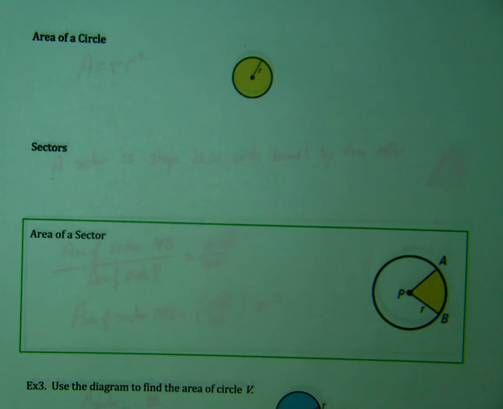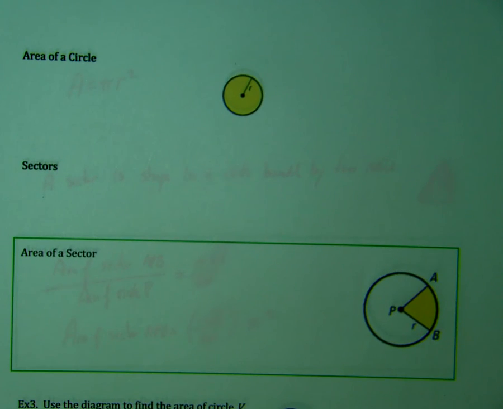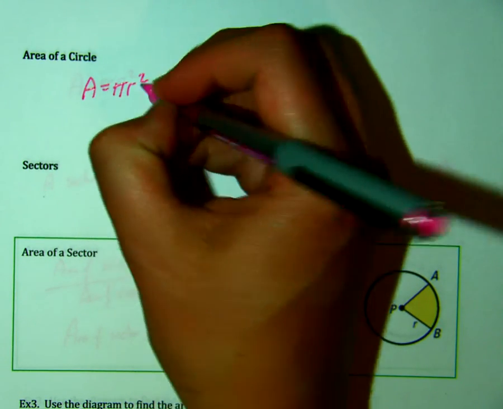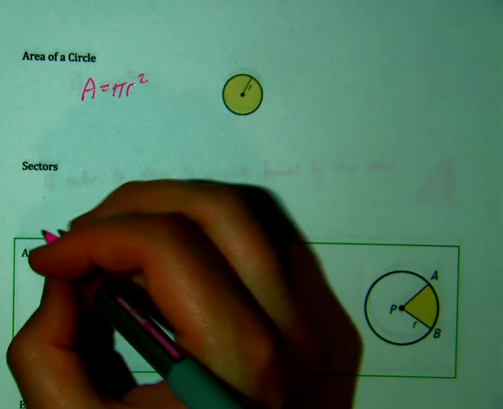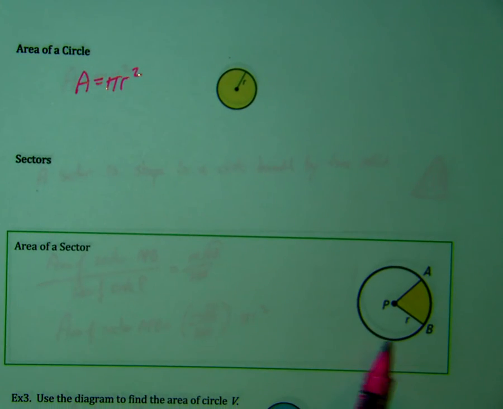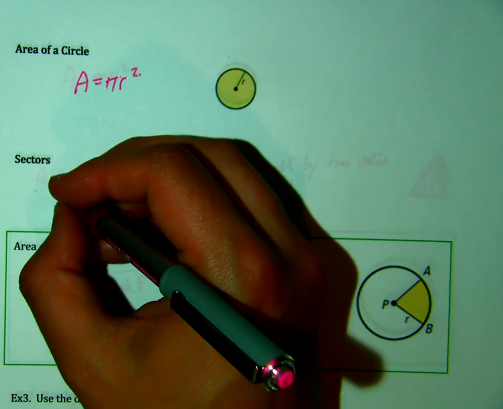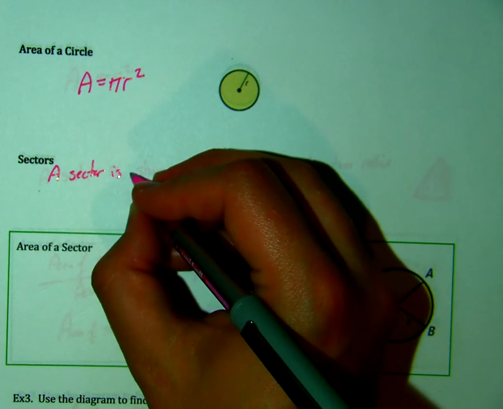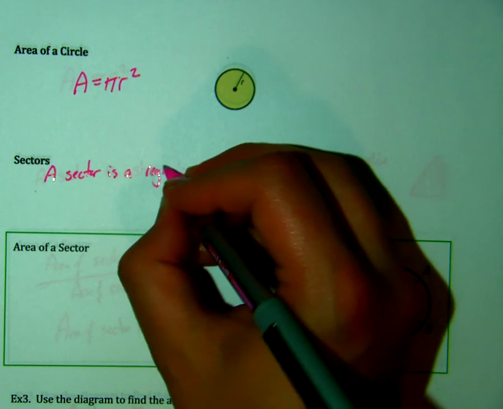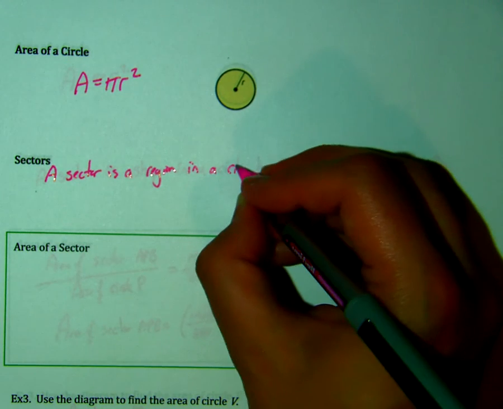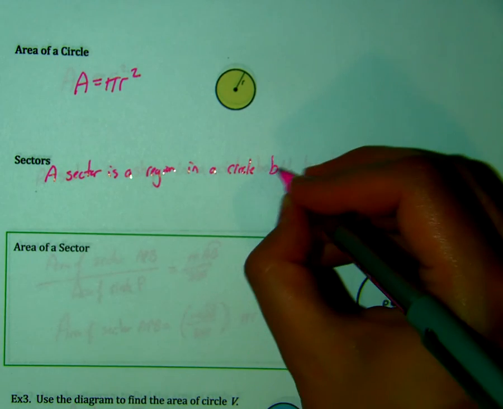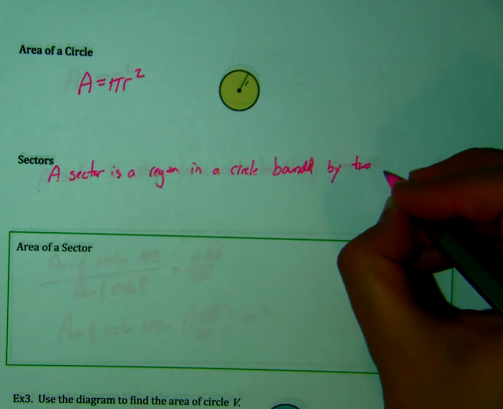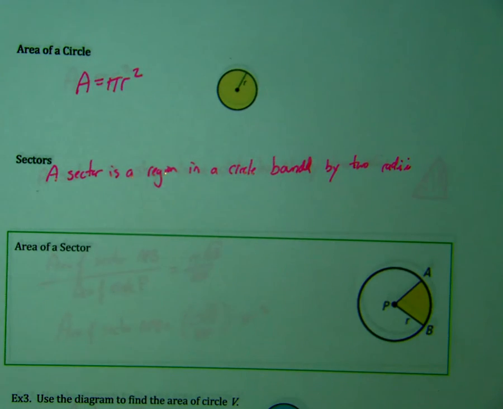Now, sectors are two-dimensional. So we're dealing with area. Now, the area of a circle, you should know already, is pi r squared. So sectors are really just a pizza slice, okay? So a sector is a region of a circle bounded by two radii.